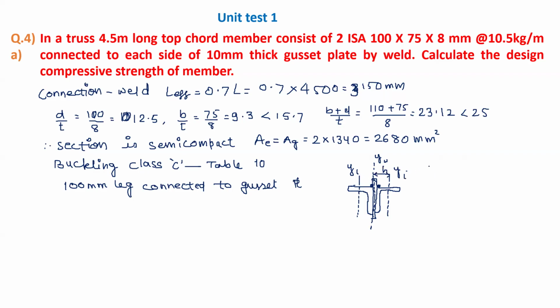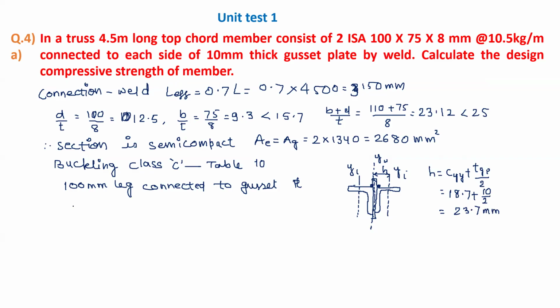What will be h? H is equal to Cyy plus thickness of gusset plate by 2. And what is the value of Cyy? Just go over there. You have this value 18.7 plus thickness of gusset plate, we have to consider 10, and we will have this value 23.7 millimeter.